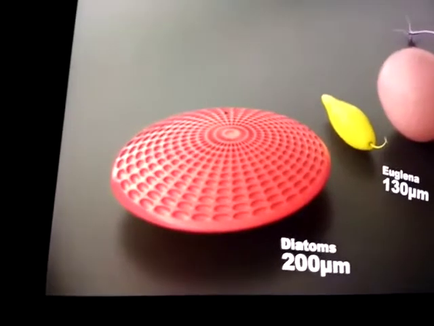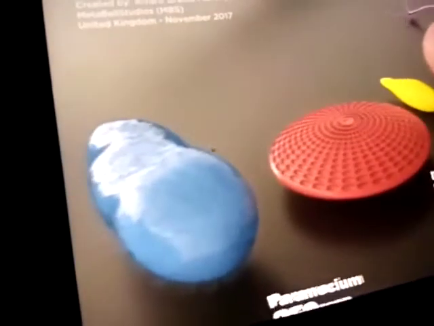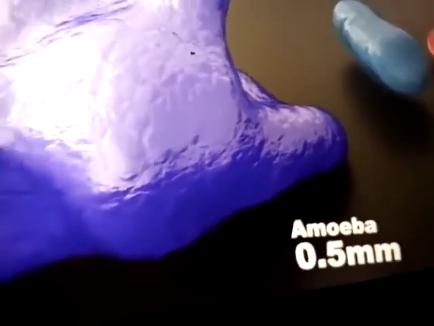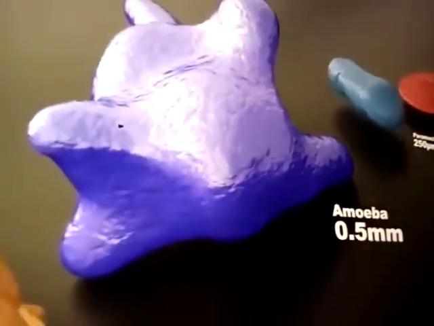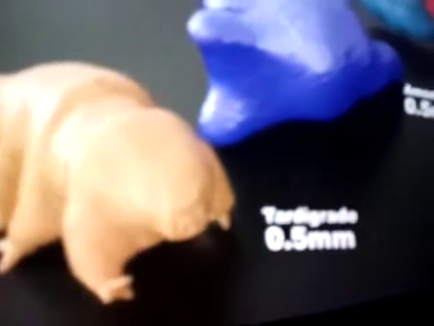Diatoms, 200 micron. Paramecium, 250 micron. Amoeba, 0.5 millimetre. Then tardigrade, and this is frog egg, which is 1 millimetre.